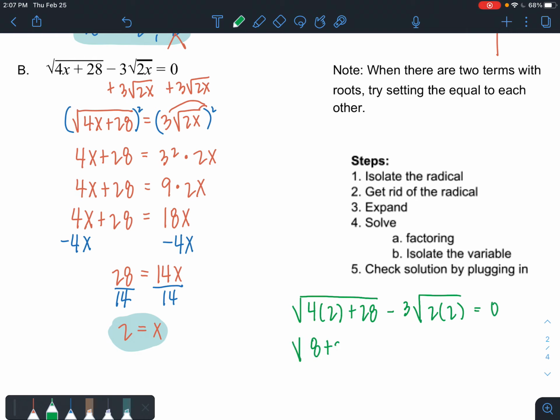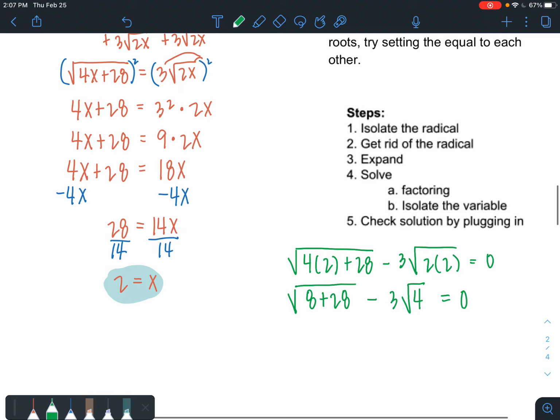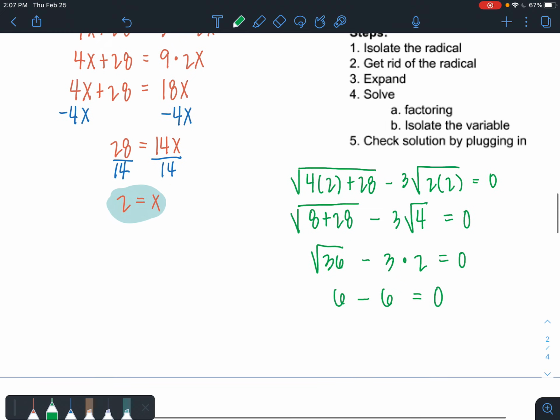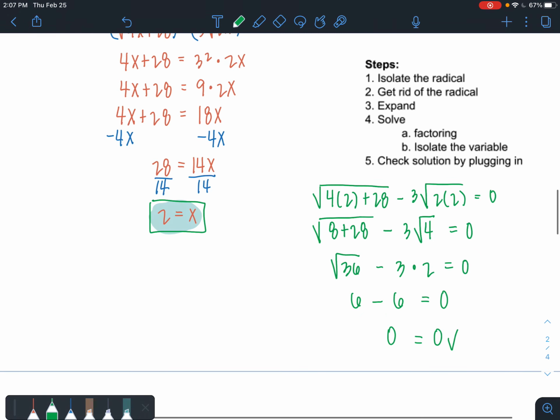So 4 times 2 is 8, and 2 times 2 is 4. 8 plus 28 gives us 36. And then from here, we've got 3 times 2, since square root of 4 is 2. So then I have 6 minus 6 equals 0. So 0 is equal to 0 is true. So that is in fact a solution.